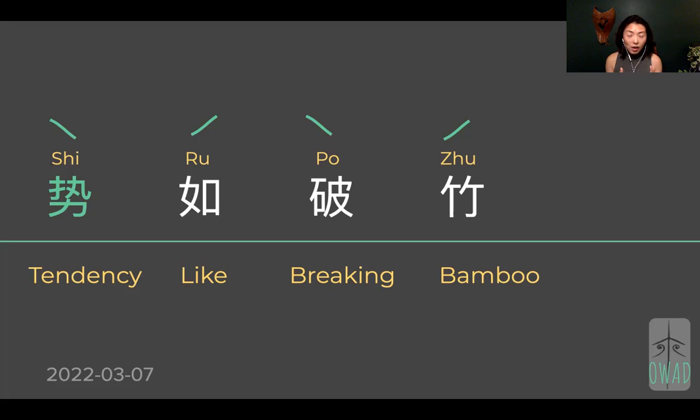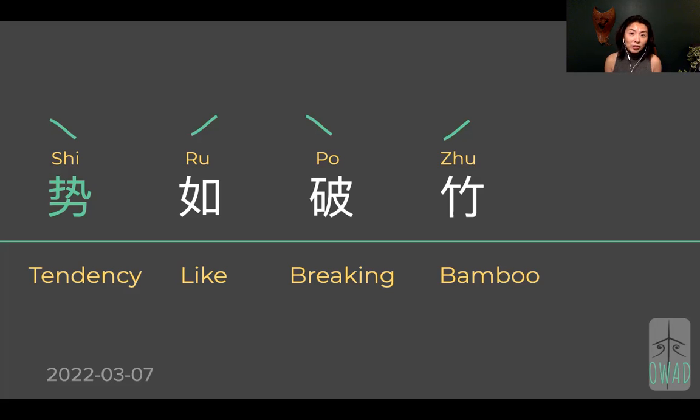Bamboo is a fast-growing plant, and it shoots, bamboo shoots, the baby bamboo, before it takes off, to be visible on the ground. It was growing below ground, from the roots of the bamboo, and then once it breaks the soil and becomes visible above the ground, it's going to shoot up so quickly. That's the natural tendency of bamboo.